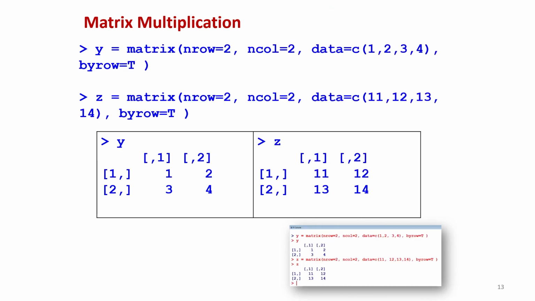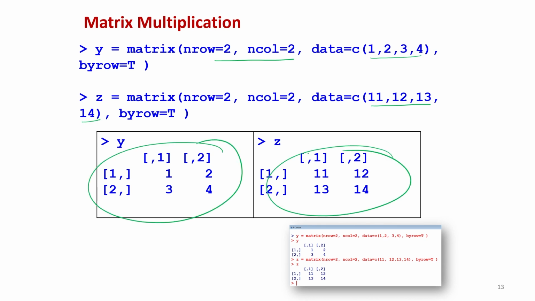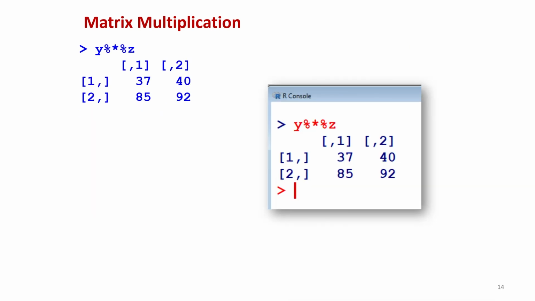Similarly, if I create two matrices of order 2 by 2, for example with data 1, 2, 3, 4 in one matrix and data 11, 12, 13, 14 in another, you can see I have created two matrices Y and Z. If I want to multiply Y and Z together, the operator is Y percent star percent Z, and these are the values of the product.